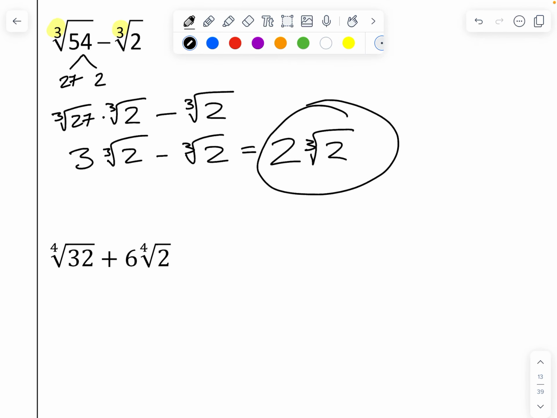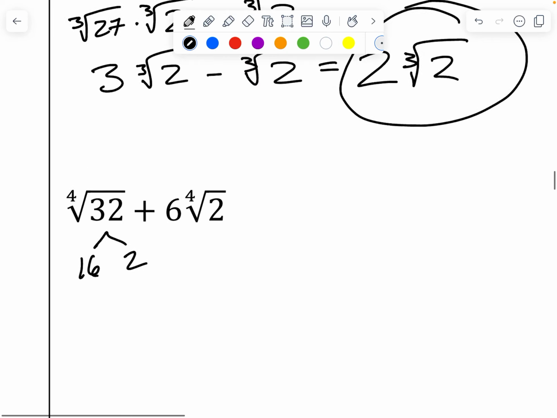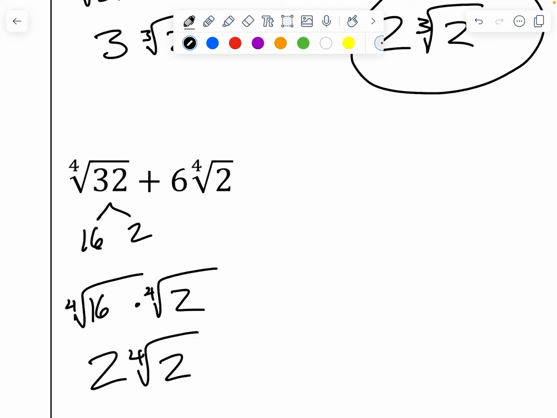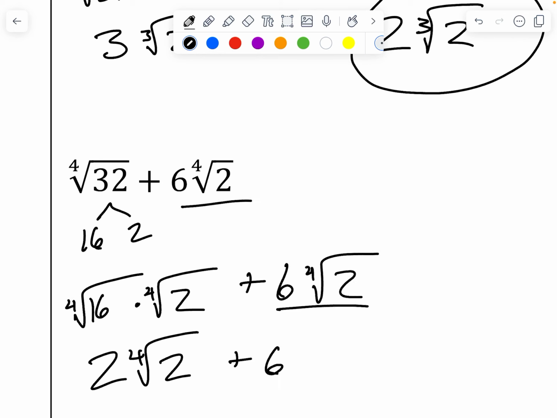How about the 4th root of 32? That's 2 to the 5th, right? So about 16 times 2. And I know the 4th root of 16 is 2. So 2, 4th root 2, plus 6, 4th root 2. Just bringing that down.